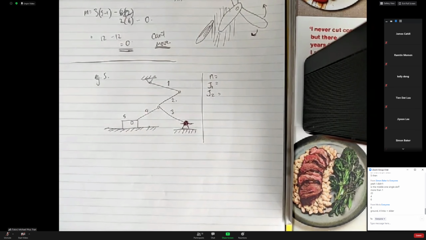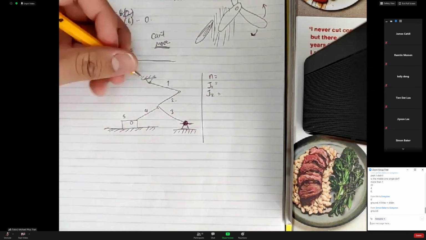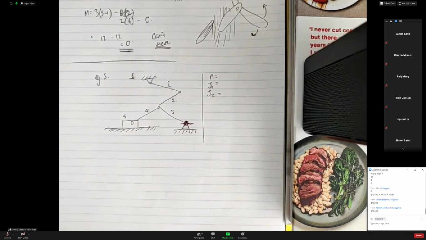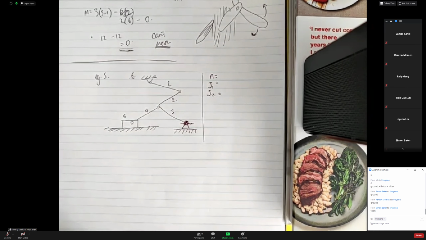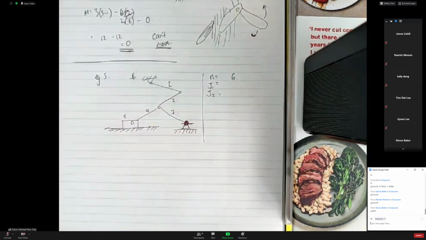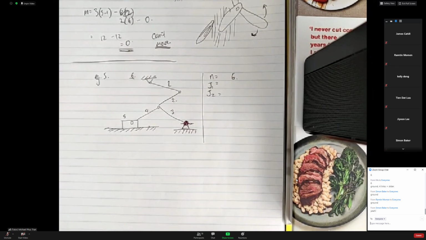And what's the 6th one? Ground, 4 links, and a slider. Ground. Yep. Does everyone understand where I'm coming from? I don't want to go too fast for starting an actual question. 6. Joints. Single degrees of freedom joints. How many?